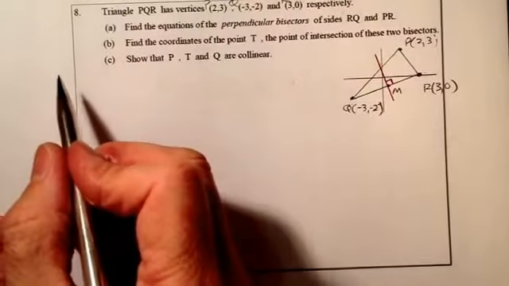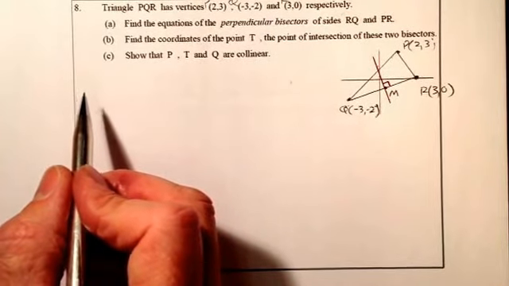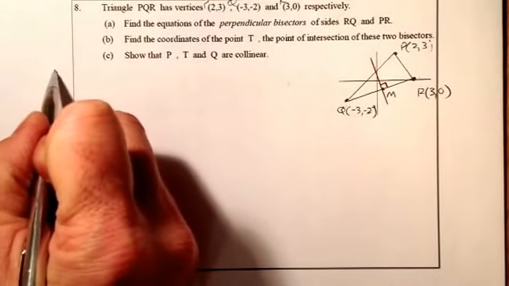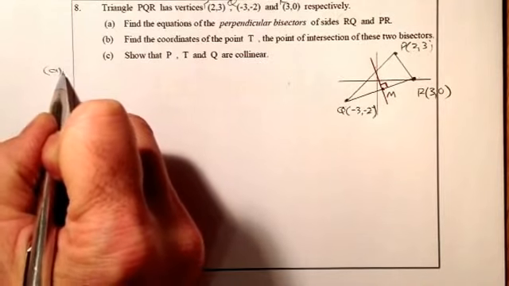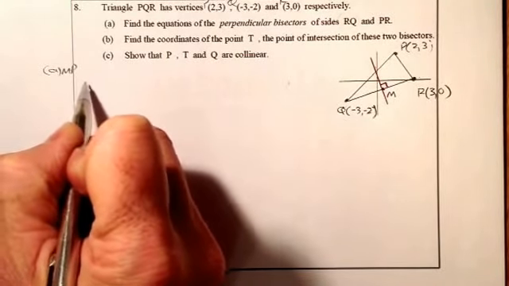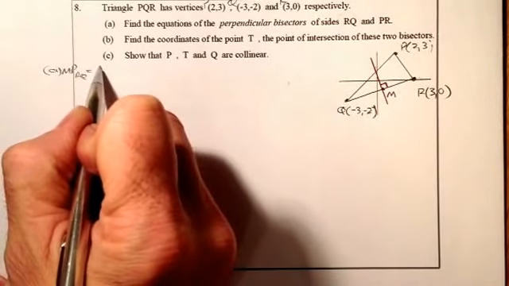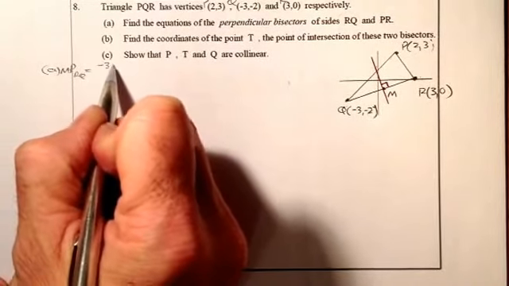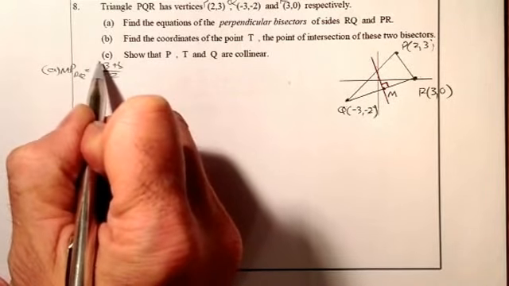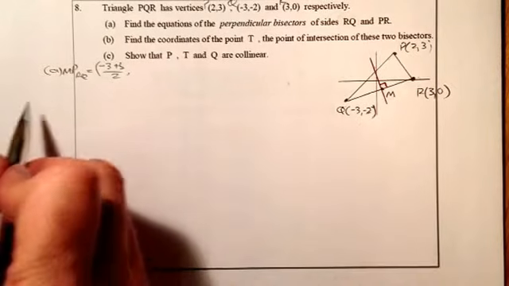Okay, so over this side here, the first thing I'm going to do is find that point, the midpoint. So for part A, the midpoint of RQ is going to be equal to, I'm going to add the two x coordinates together, so it's going to be minus 3 plus 3 all over 2, that's the x coordinate, and I've got the two y coordinates together.